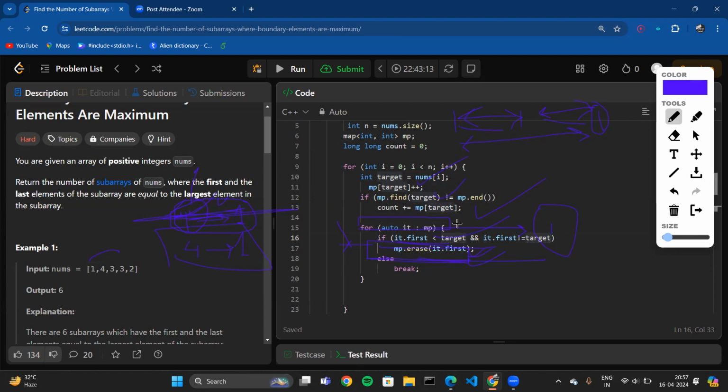Now if there was something like 1, 0, 1, 4, the 1's contribution will already be counted. These will already be counted, so I need not count them again. When the first 1 was added, 1 is counted.